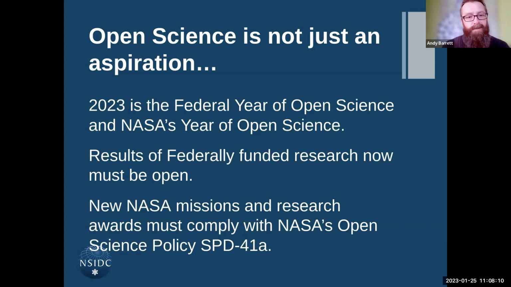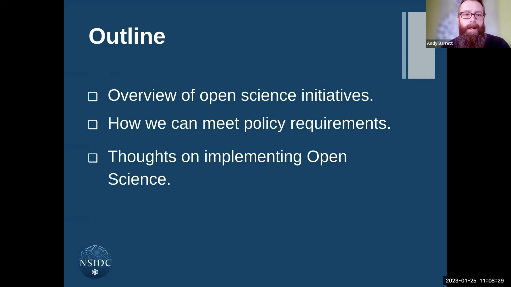So your publications, your data, your software, if it was produced with federal funding, needs to be open and accessible to people. And all new NASA missions and research awards must comply with NASA's open science policy, SPD-41a. Walt's going to be talking about those two things as well. So here's the outline.